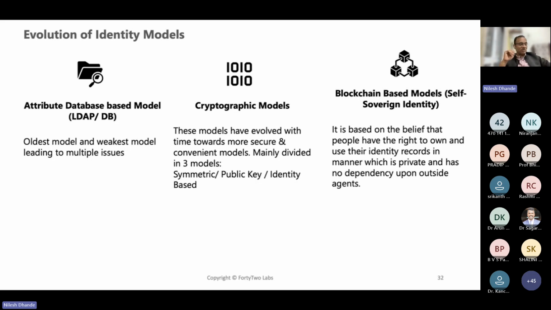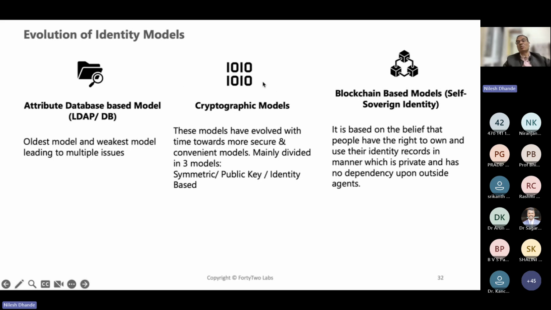Your ERP system is having all of your student identities, professor identities, all of that. Typically, you are maintaining that within an LDAP, right? So this is the oldest model, an identifier based model where you say that, okay, I will give you an ID and this is the number and the password, and this is how you prove your identity to me every time you want to access a service. So we are also going to discuss the limitations of each of the systems that are there.